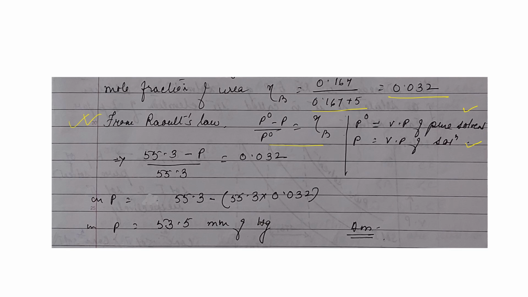So the vapor pressure of pure solvent is given as 55.3, minus P, that you have to find out, divided by 55.3 is equal to the value we have got, 0.032. By solving it, we get the value of P as 53.5 millimeter of mercury. And that is the answer.